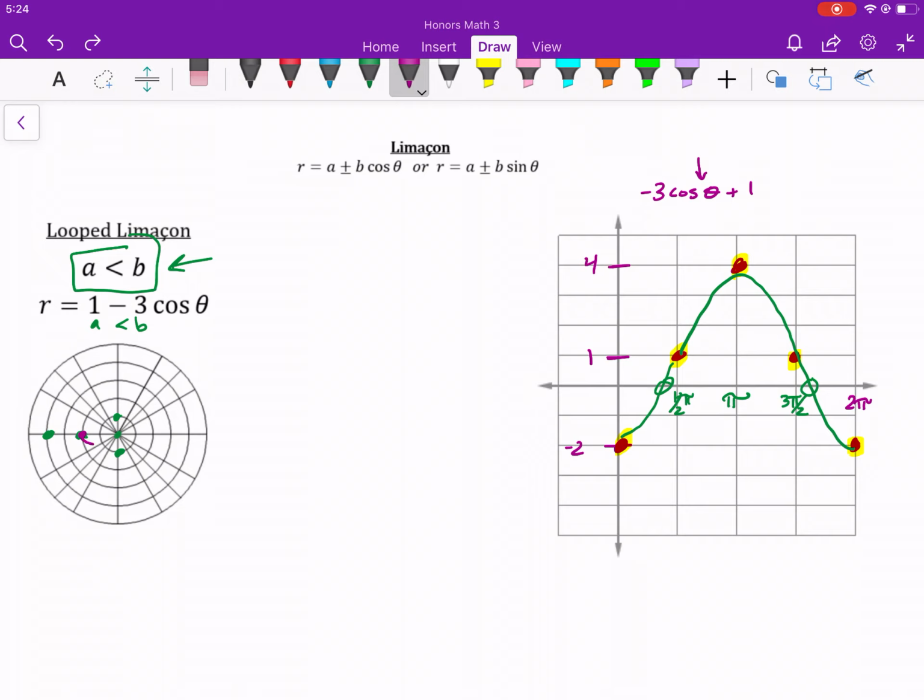So it comes through to right there. Then that point goes and connects to this other point, and you connect over here, and then you go through the pole once again, because that's what it's saying right here. After the 3 pi halves, you go through the pole and loop it around. And that's it. There's your graph. Mine looks amazing.